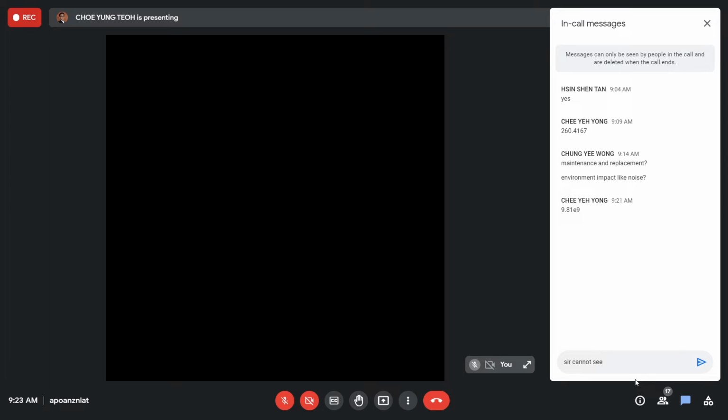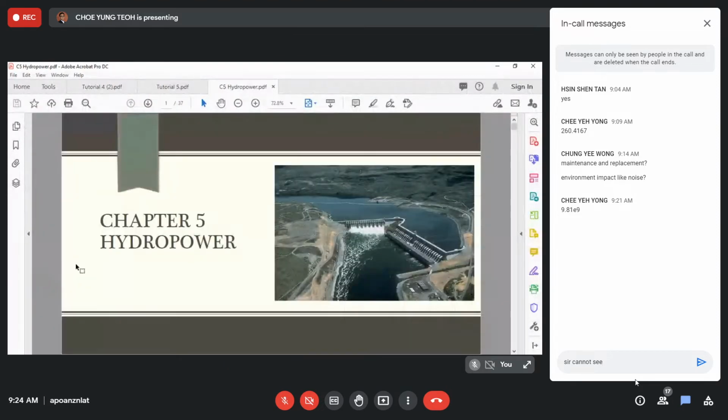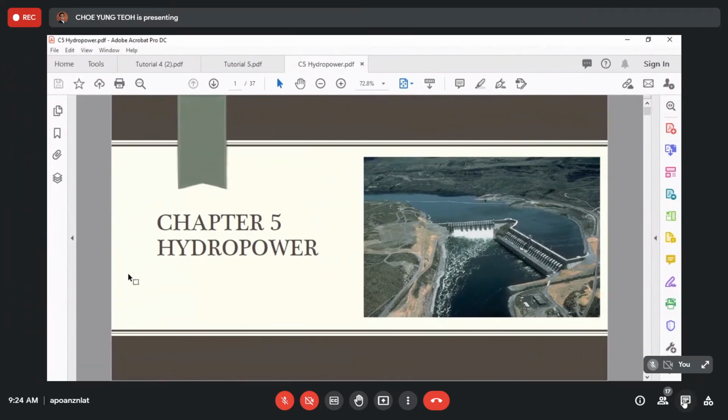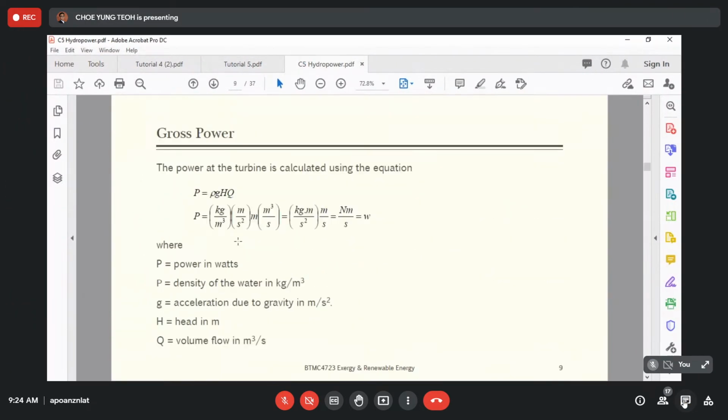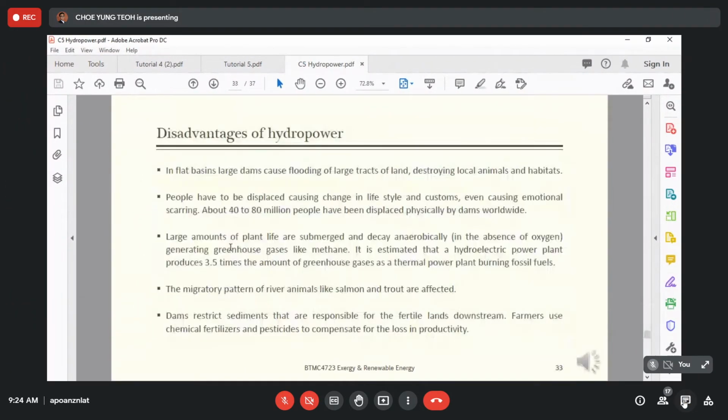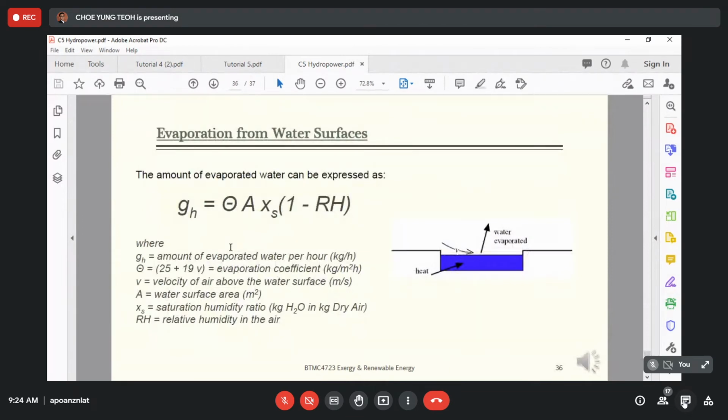Because in Malaysia, we are very humid and we have a lot of rain. So we do not really need to control the evaporation, because once the water evaporates, it will eventually come back to the dam after it rains. But for certain locations where the rain amount is very low, evaporation will be a very big issue.